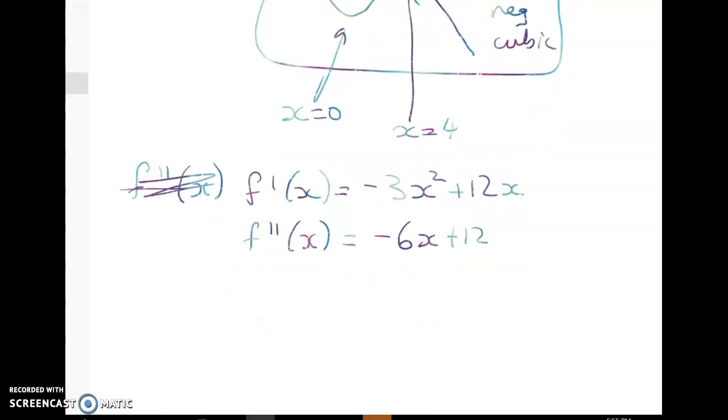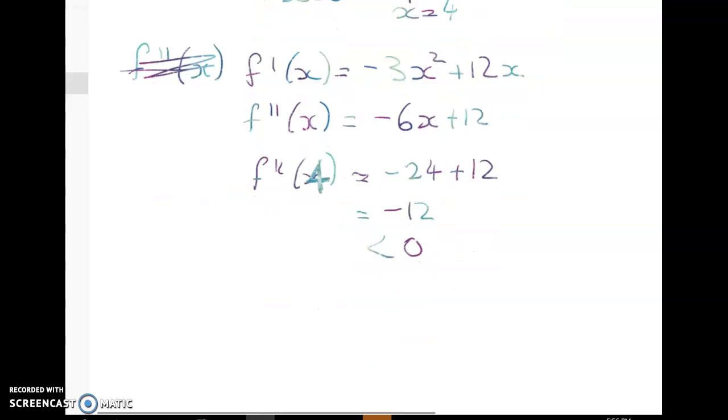And now we can work out the second derivative when x is equal to 4. So that equals negative 24 plus 12. So that's negative 12, and that's less than 0.